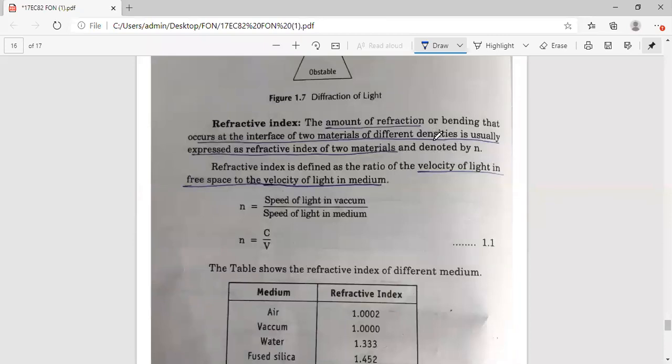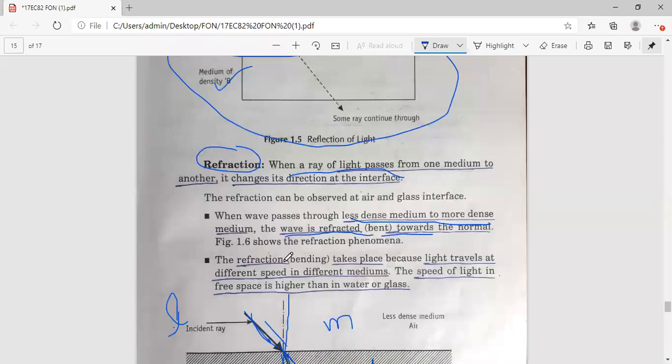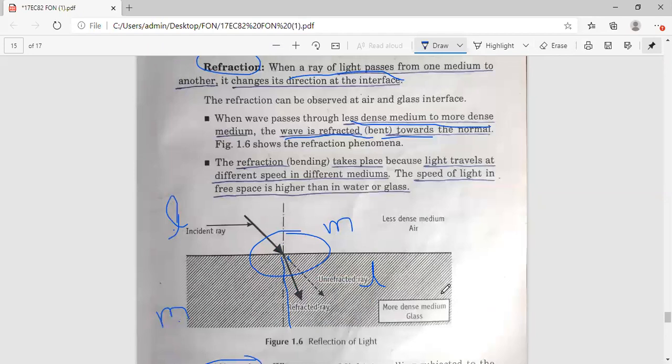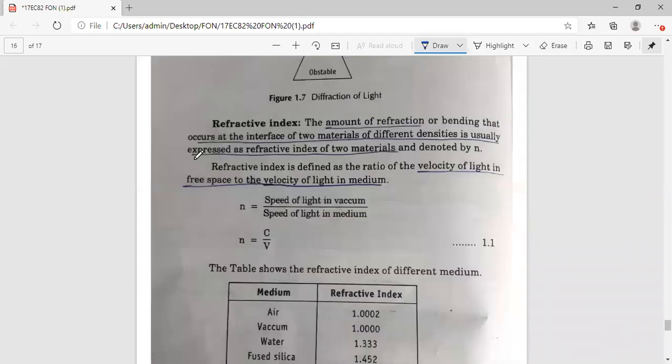This is diffraction. And the amount of bending that occurs at the interface of two media of different densities is expressed in terms of refractive index. How do you define it?